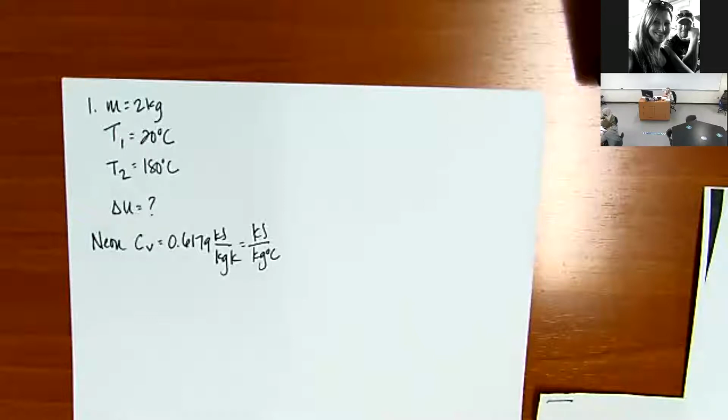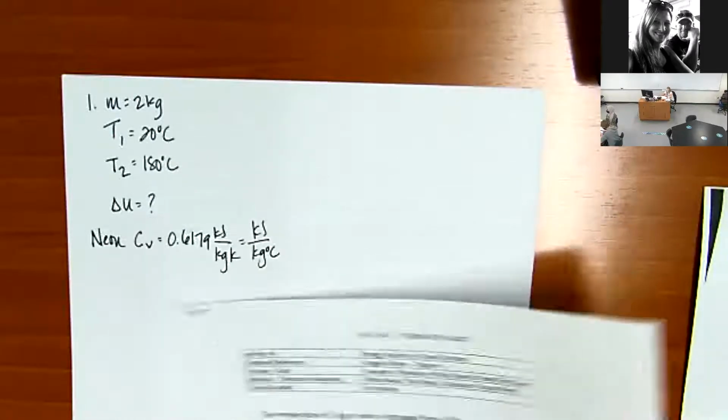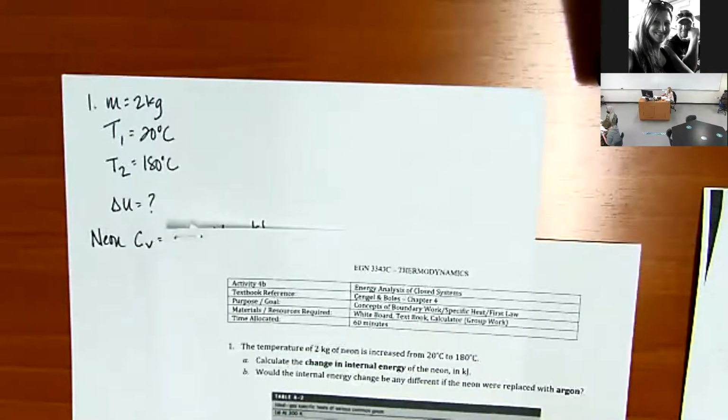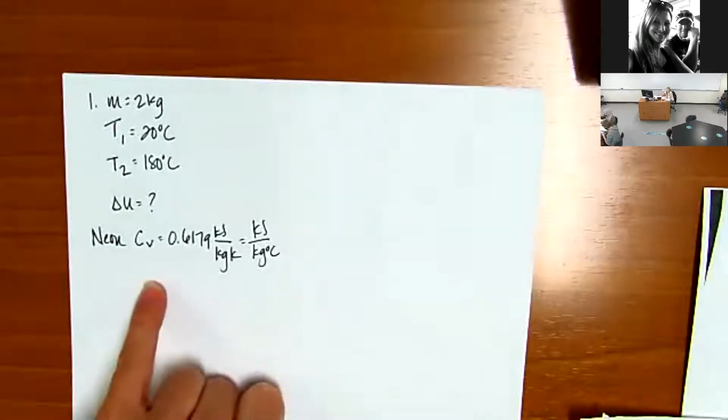If this was an exam question, I would probably tell you a rigid container full of 2 kilograms of neon, giving you the hint that it is a constant volume. Another hint is that you have this fixed mass here. It's not like it's open, letting stuff out. So we know that we're going to use the C sub V.